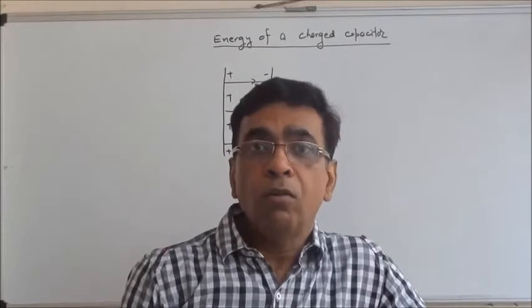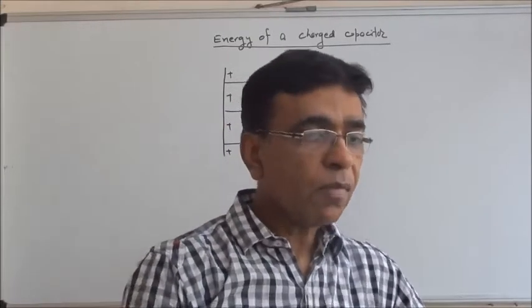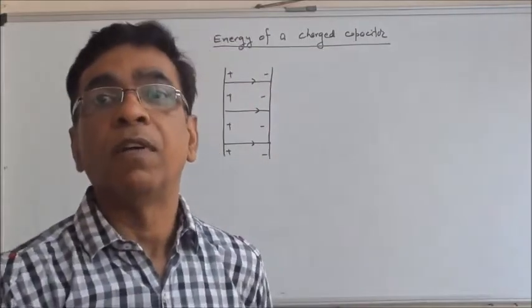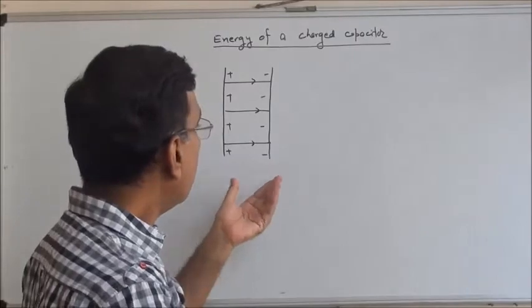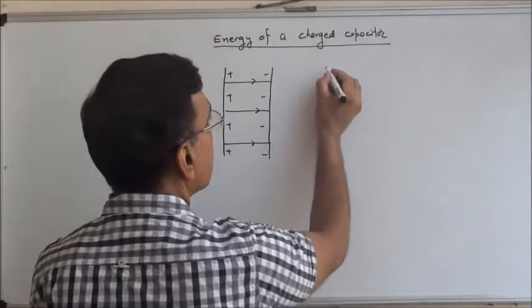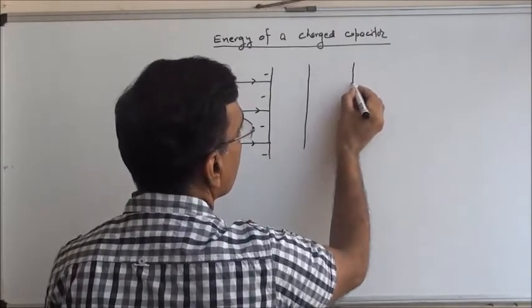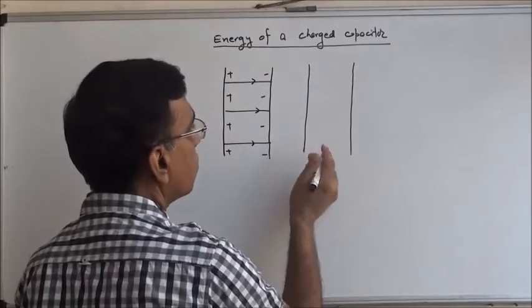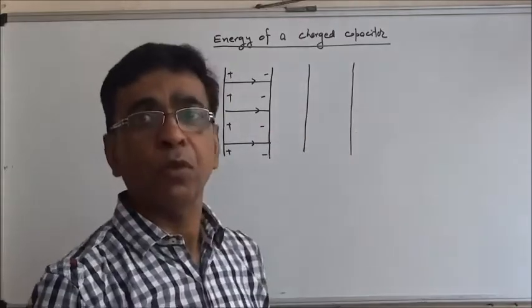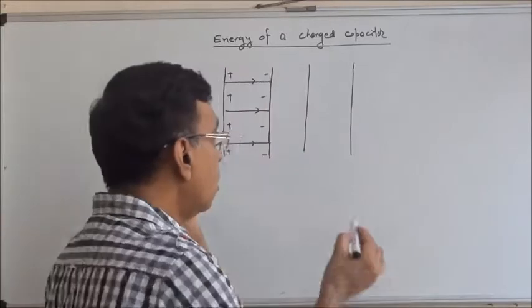Now to find out how much this energy is, we may do it in 2-3 different ways. One may be that I take it as a process in which, initially, let this be the situation, both the plates are uncharged.